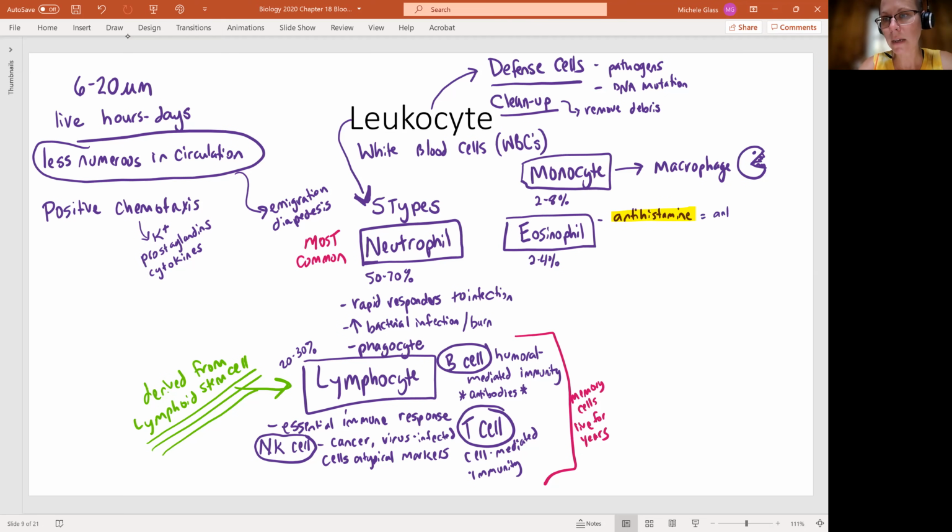Antihistamine is an anti-inflammatory. So you take it when you have an allergy response in order to reduce that response. We see that eosinophils also make toxins for parasitic worms.